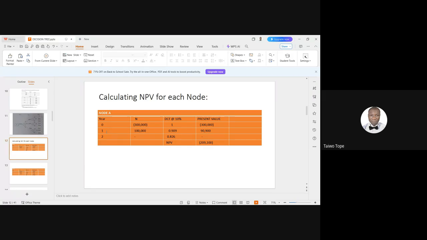What is the probability of year 1? 0.25. What is the probability of year 2? 0.5.